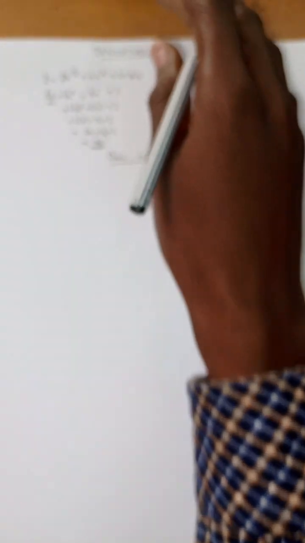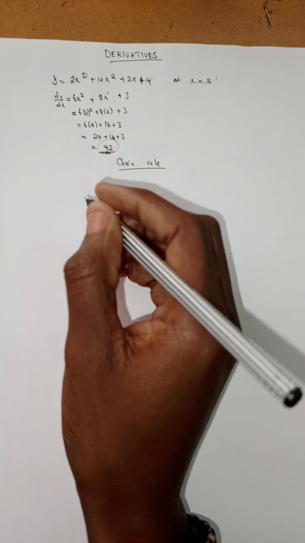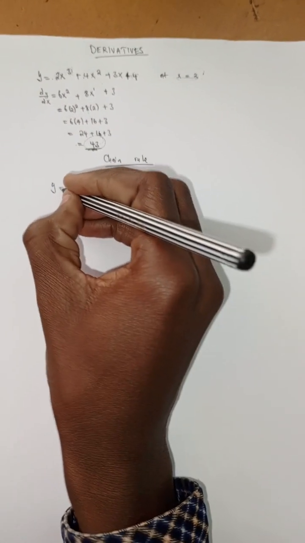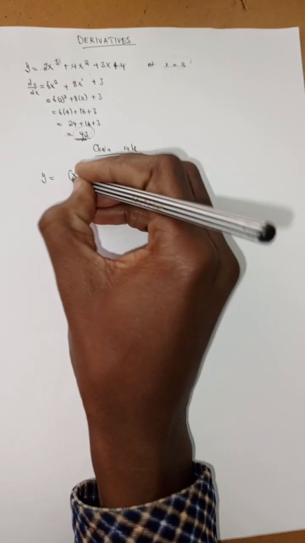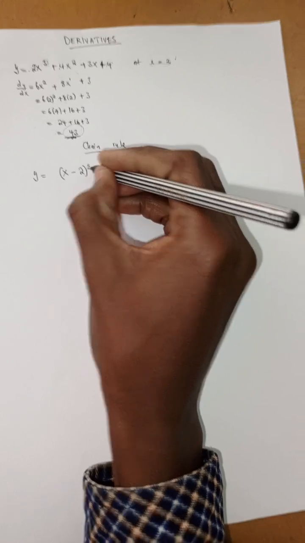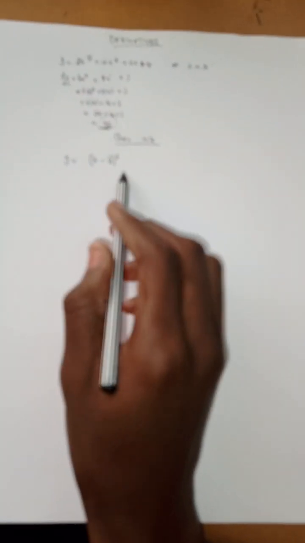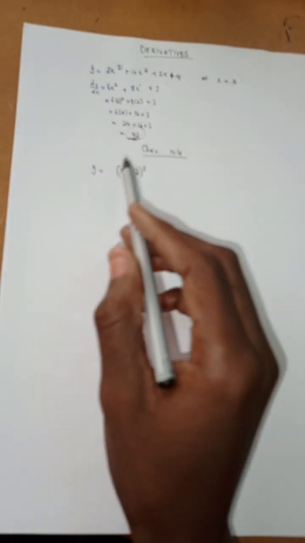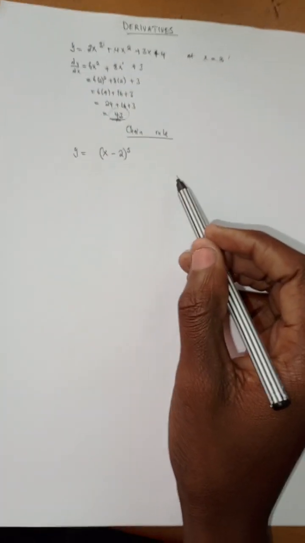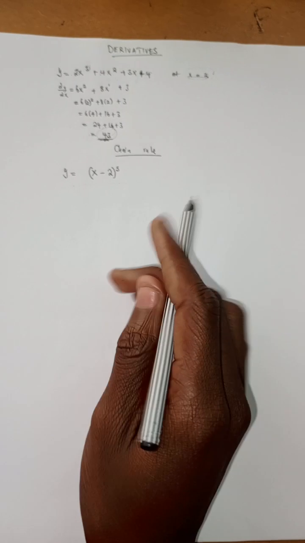So for instance, you're given a function like y equals (x minus 2) to the power 5. You could simply expand this and use the method that we were using, but that would take rather much time and space.